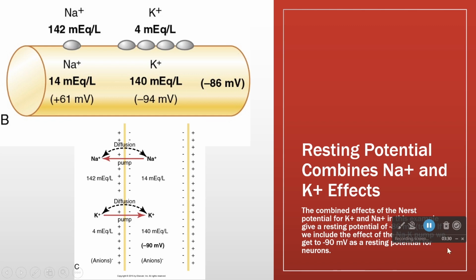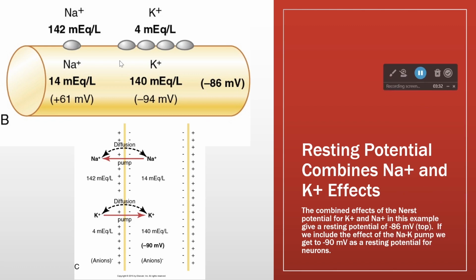So what this diagram is showing you is, first off, the relative concentrations inside and outside, right? So sodium high outside, sodium low inside. Potassium reversed, high inside, low outside. Then we have the Nernst potential. For sodium, that's about plus 61. For potassium, that's about minus 94.